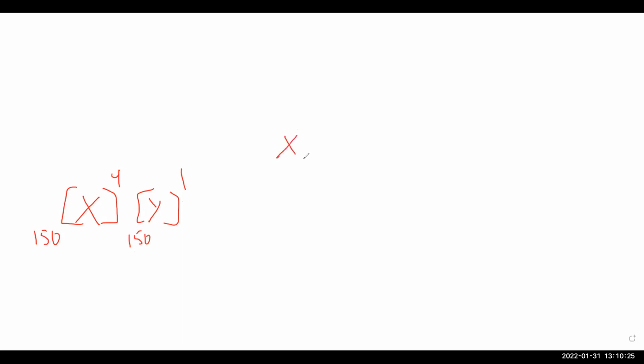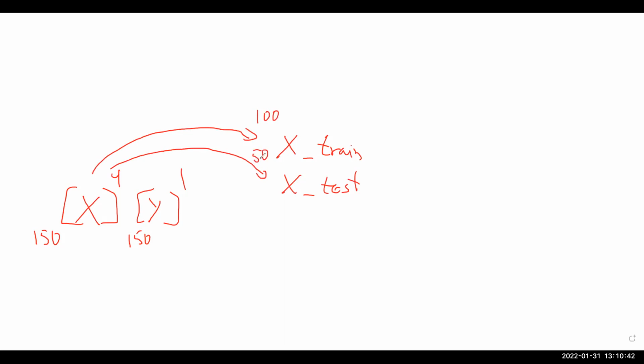So X train, X test. From here, we take 100, we take 50. Do you see that? And then the corresponding, it can't just be any one. If we grab this one, then we have to have the corresponding label for it, obviously.